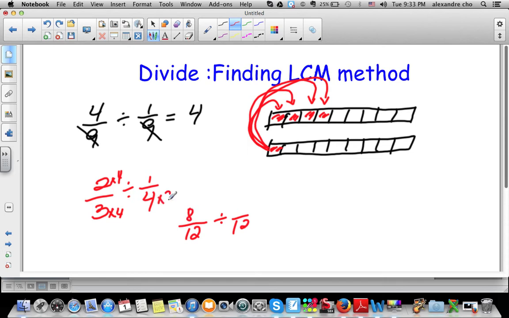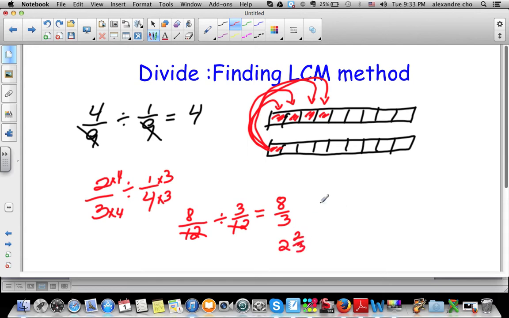The 4 would be 4 times 3, and the top one would be 1 times 3, which is 3. And there we go, our denominators are the same. So you can cross them out if you like, because the units are the same, and you end up having 8 divided by 3, and 8 divided by 3 is 8 over 3, or as a mixed number, 2 and 2/3.